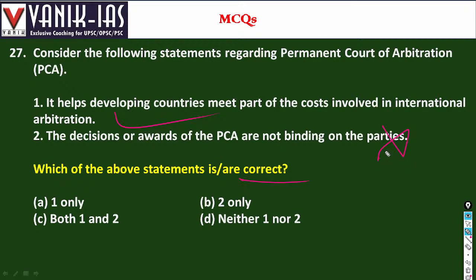It is binding on all parties. So this statement is wrong regarding the PCA. The headquarters of the PCA is at The Hague, Netherlands, and it was established in 1899. So only option one is the right answer.